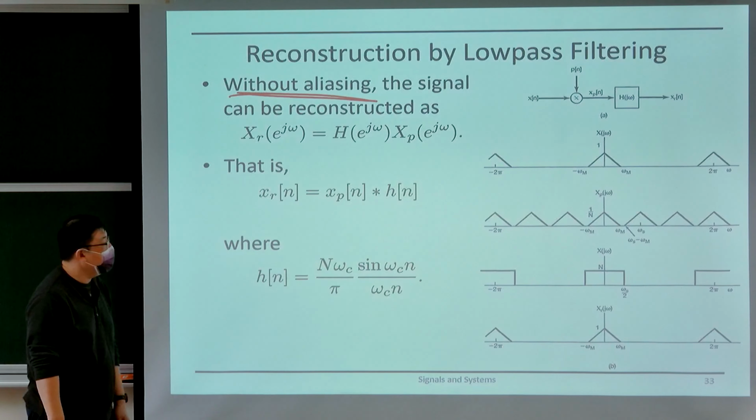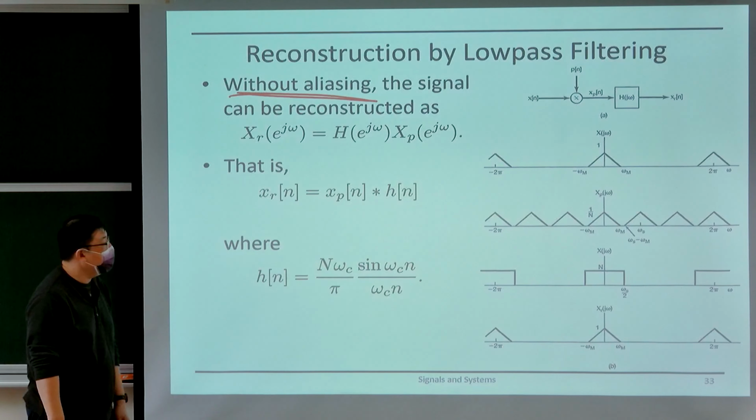If you look at this figure here, you start out with X, the Fourier transform of the discrete time sequence. When you sample, this is repeated at every integer multiple of omega s. Then as long as there's clear separation between adjacent spectra, you can pass this through an ideal low-pass filter.